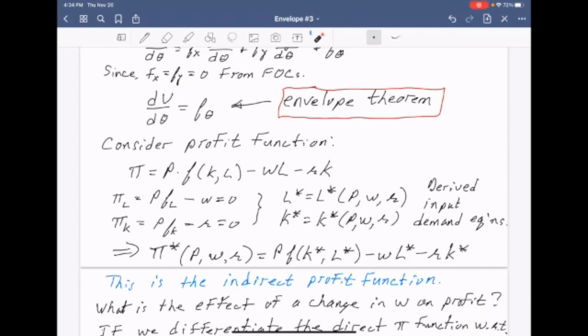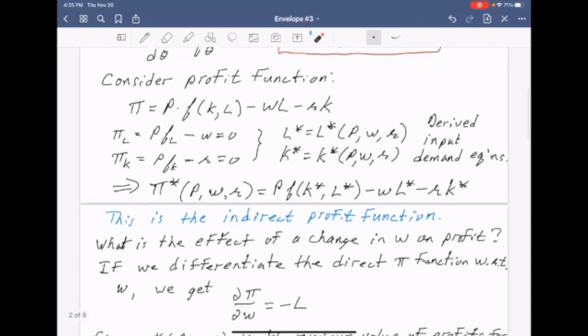So we substitute that back into the profit function, and we get that profit is a function of the output price and the input prices. So P times the production function with the optimal amounts of capital and labor in it, minus the wage rate times the optimal labor, minus R K star is going to lead to the maximum profit.